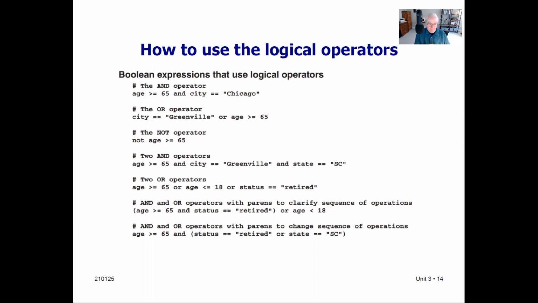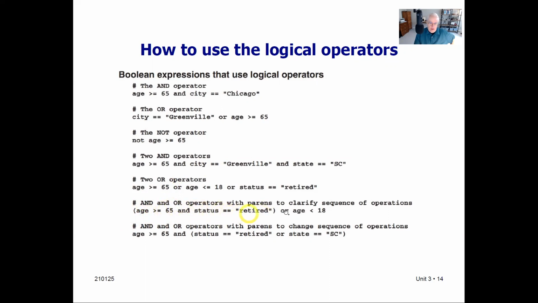Now, the last 2 show changing the order of precedence, or change the order of operation by using the parentheses. So inside the parentheses is going to happen first. So age has to be greater than or equal to 65 and status has to be retired.